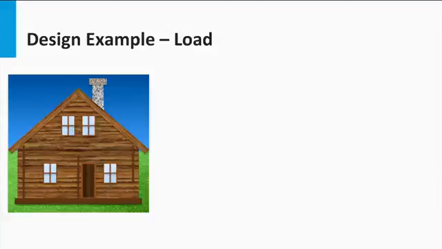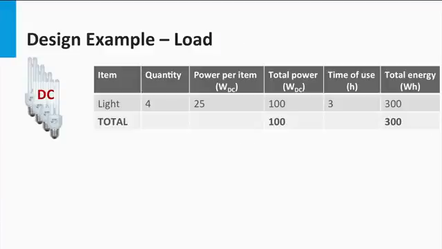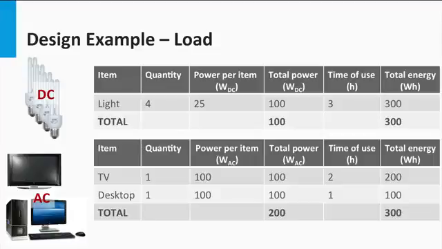Consider a house that is to be powered independent of the electric grid by means of a standalone PV system. Let's assume that three simple kinds of loads are required to be powered: light, TV, and desktop computer. The lights are supposed to be DC powered, while the TV and the desktop computer are AC powered.